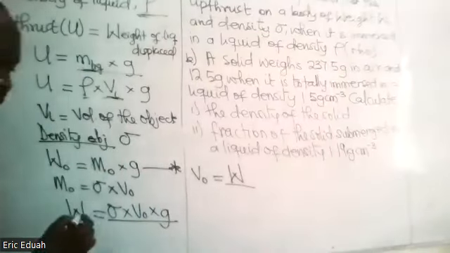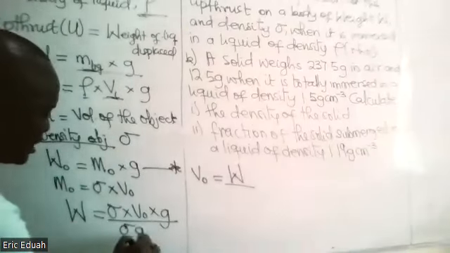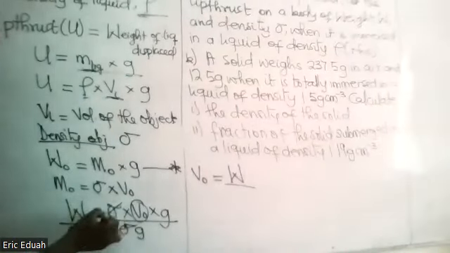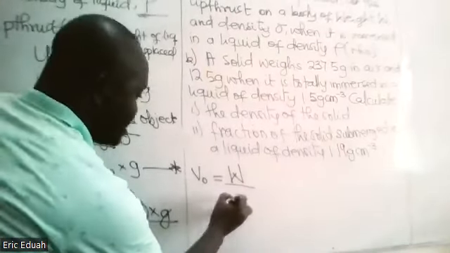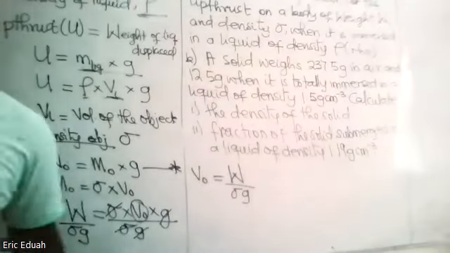It means from here we have to divide through by sigma times g at both sides of the equation, because we are making this the subject. So this and this will cancel, this and this will cancel. Therefore, the volume of the object will be equal to weight over density times gravity. Okay.